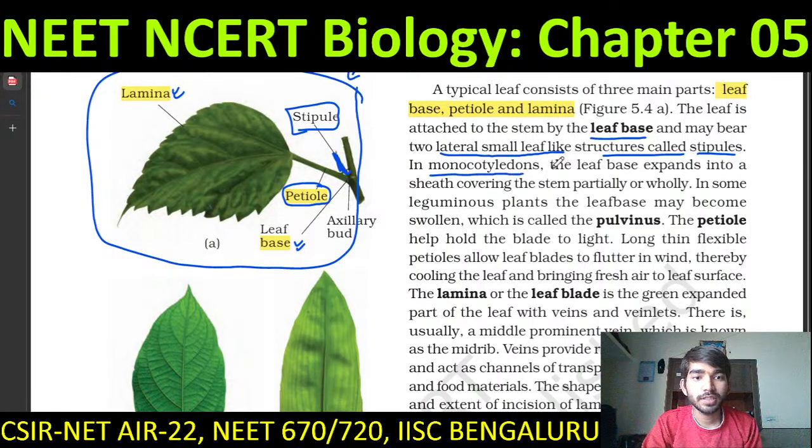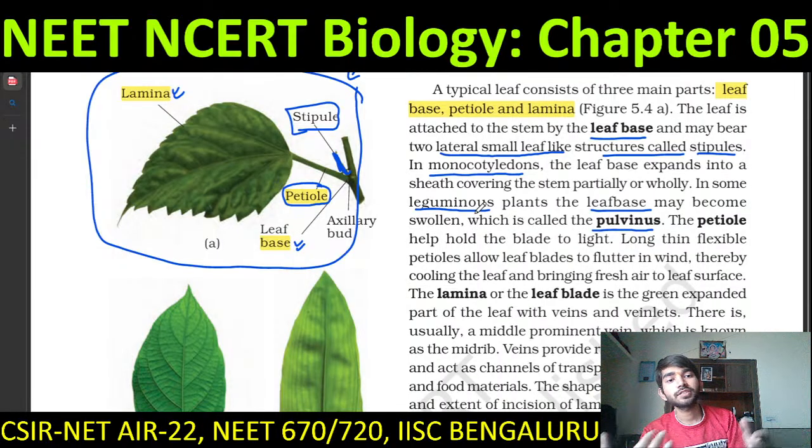In monocots, the leaf base expands into a sheath covering the stem partially or wholly. So if it was a monocot, then there would be a sheath like this covering around the base. In some leguminous plants, the leaf base may also become swollen, which is different from the earlier description.